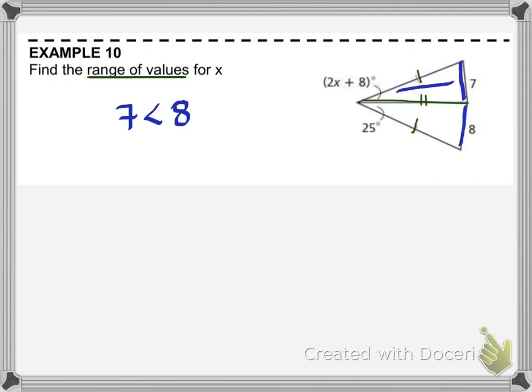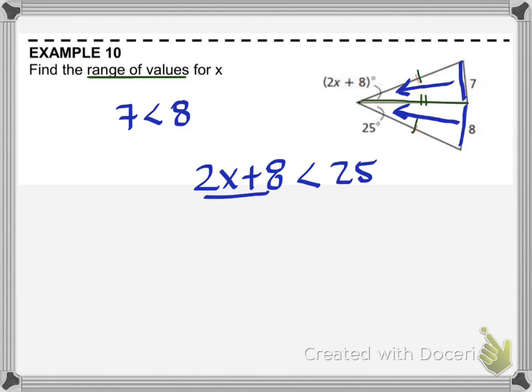Now let's look at the angles across from the 7 and the 8, which means that the 2x plus 8, which is across from the 7, is going to be less than the 25, which is across from the 8, right? So these are the angles across from these sides.